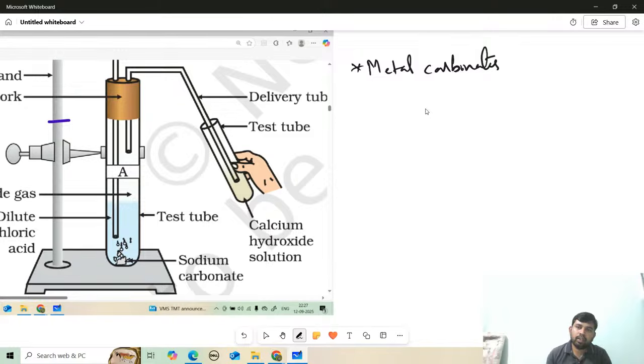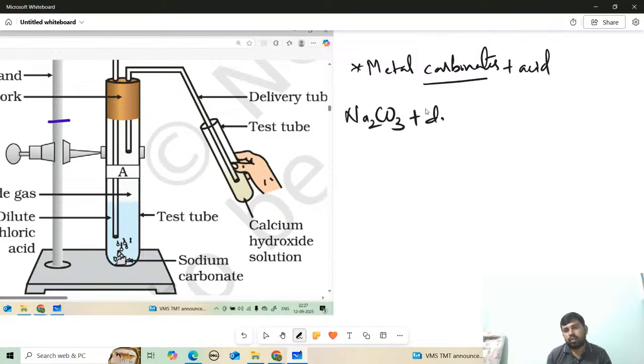What happens to metal carbonate plus acid? You try to understand here. Example, you take Na2CO3 plus dilute acid HCl. Here three things are important.